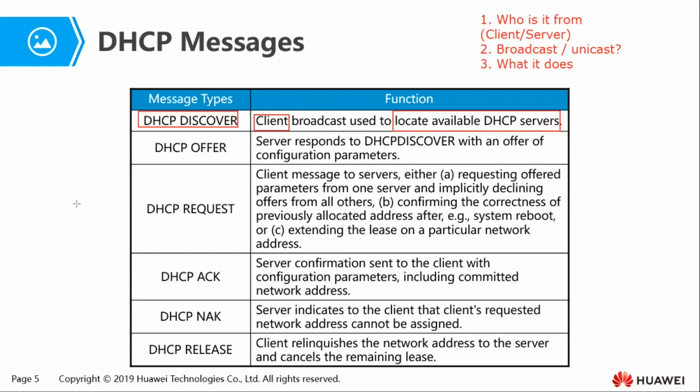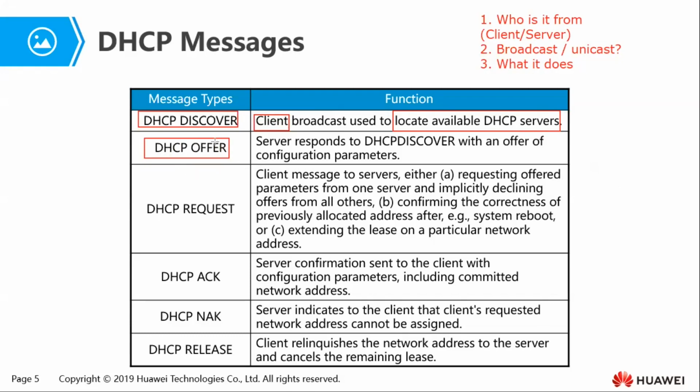Immediately you connect your device to a network and select that it should acquire IP addresses through DHCP, it will send out a DHCP discover packet. That packet will be broadcast in your LAN, and any DHCP servers will receive it. Once a DHCP server receives it, it will reply with a DHCP offer.